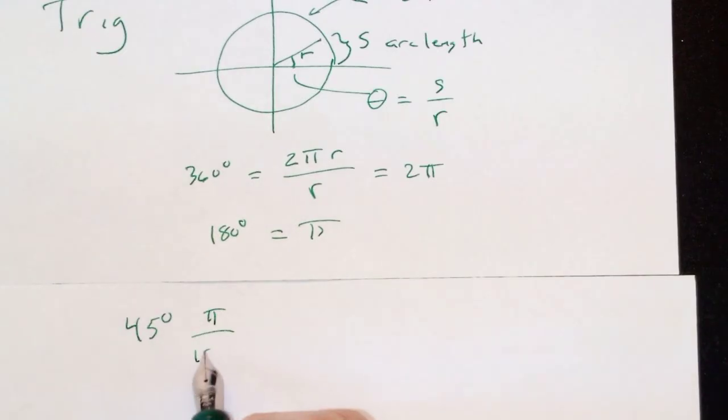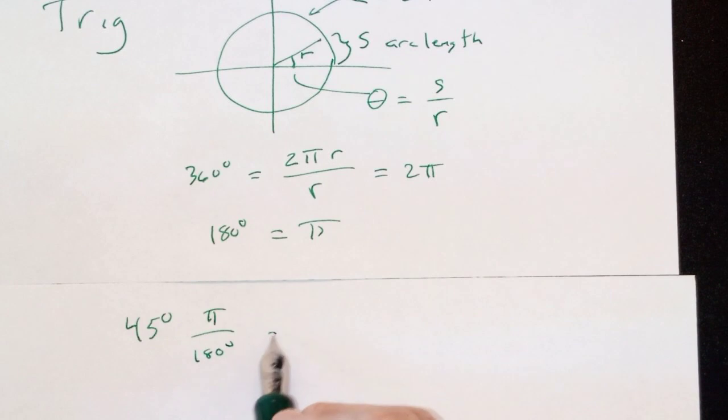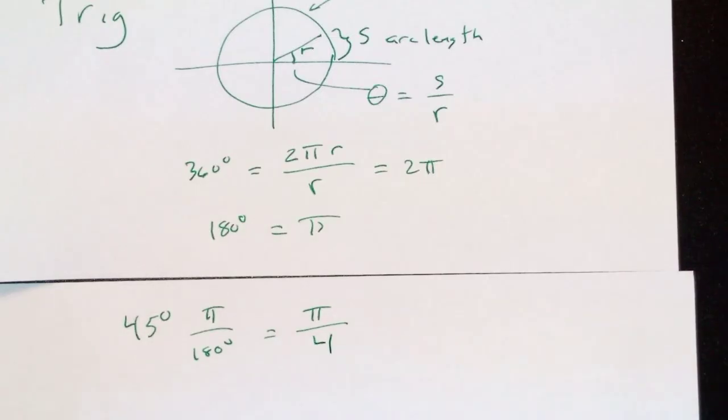Pi radians, 180 degrees, the units will cancel. This is pi over something. 45 over 180. Say again? It's 0.25 if you do division on your calculator, so that's a fourth. Pi over 4.